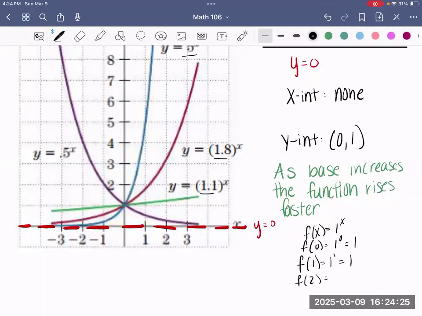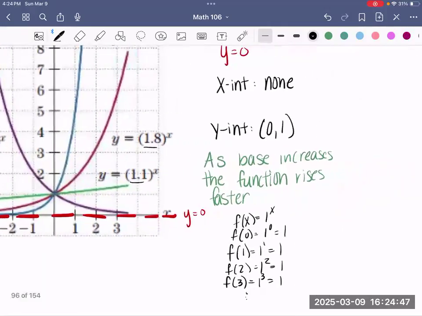And again, 1 to the 2, that's 1. To the 3rd. So what's going to happen here? Well, 1 raised to anything is just 1. So noticing some of your bases, we have to exclude 1 as your base.